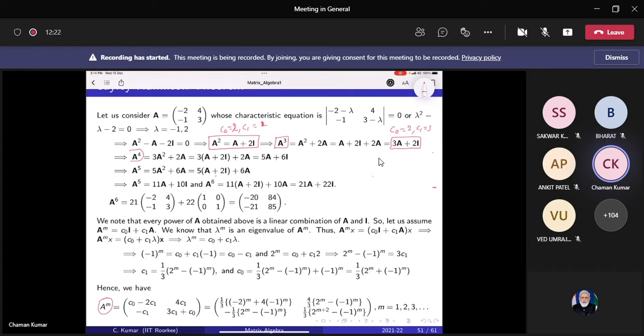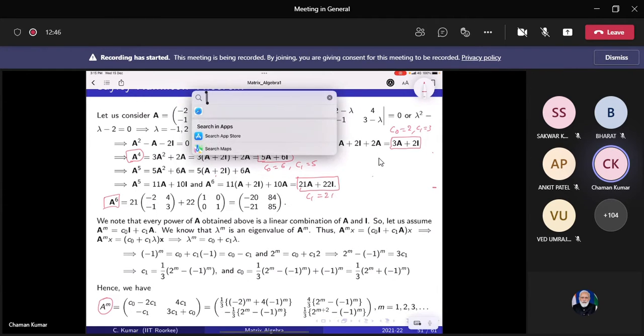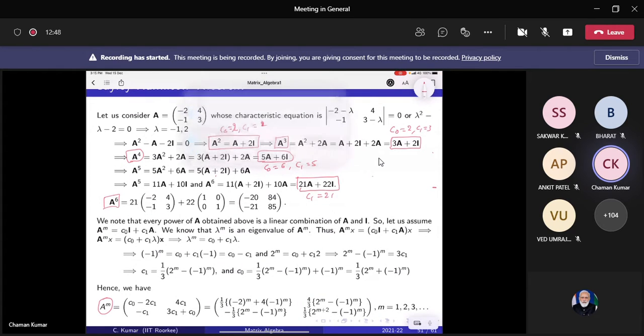When A raised to 4, you have 5A plus 6I, and in that case, C naught is 6 and C1 is 5, and so on. When A raised to 6, you have 21A plus 22I. So this means C1 is 21 and C naught is 22, like that.